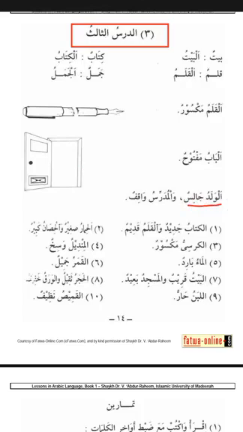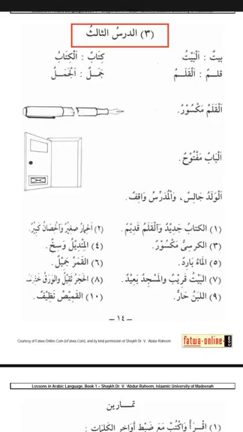Al-waladu, the boy, jalisun is sitting. Al-waladu is subject, jalisun is predicate. Wal-mudarrisu wakifun, and the teacher is standing. Al-mudarrisu here is subject, mubtada, while wakifun is khabar, predicate.